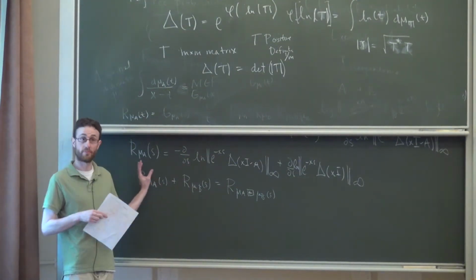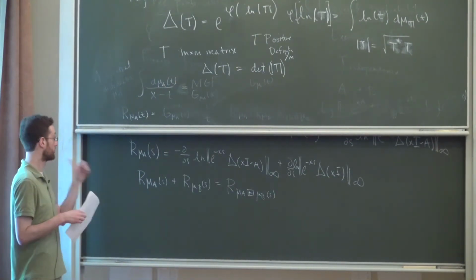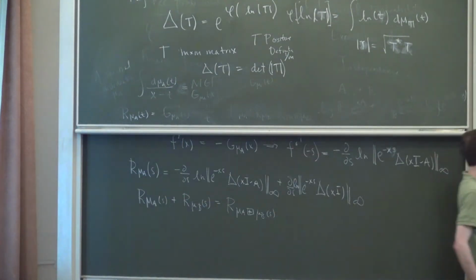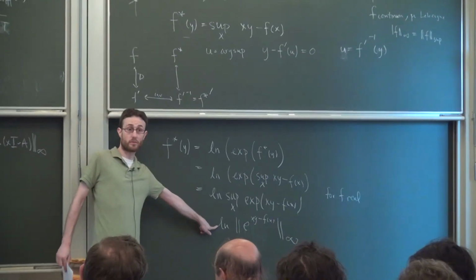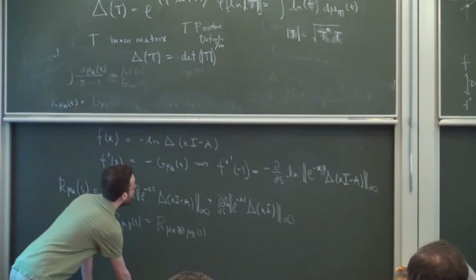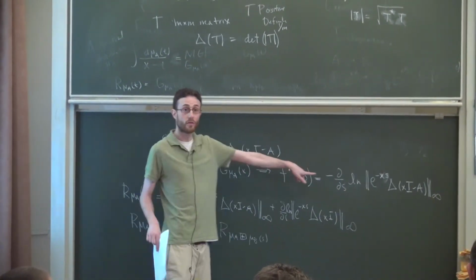Okay? Sorry, how do you obtain this formula with two infinity norms? The two comes from this right here. So I can form f star using this, and then I just take the derivative of that.